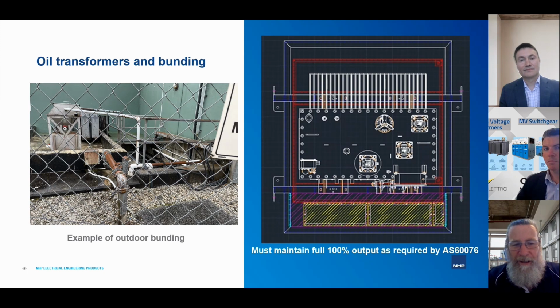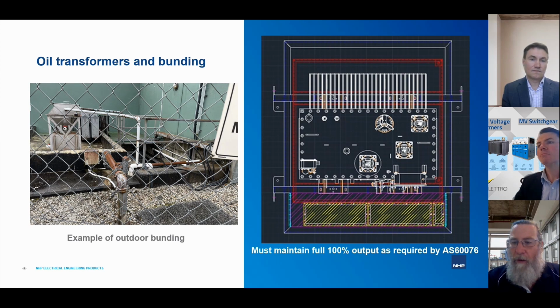Yeah, thank you, Dimitri. So this is a current project that we're working on in New Zealand, where the photo on the left is, I guess, a fairly typical industry solution from a bygone age, where you've got a concrete bunding that's sealed. You've got an oil-filled transformer. As Dimitri said, you've got to have some way of being able to drain or separate the water and the oil.